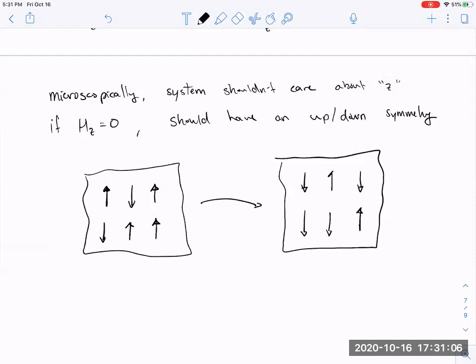It's just like rotating the whole system around the plane of the page by 180 degrees. That shouldn't change the energy of the system.